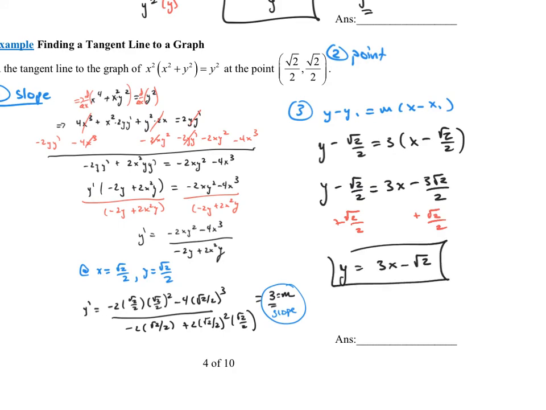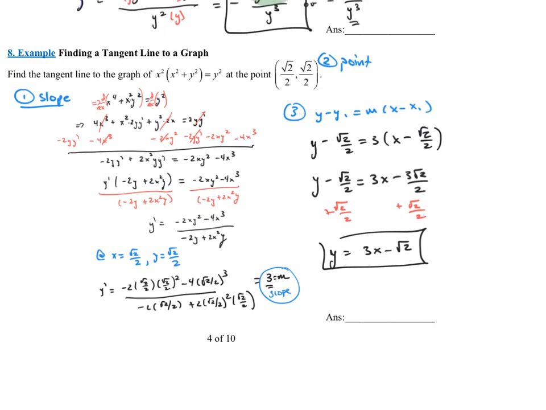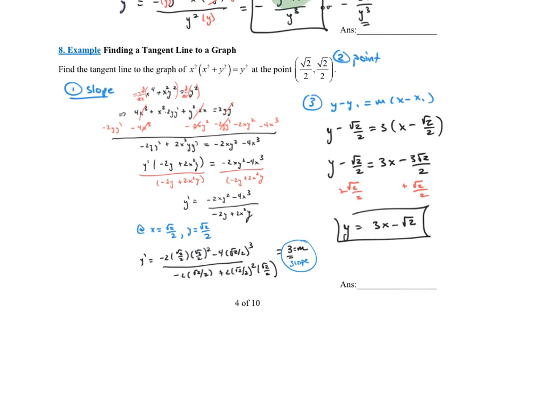So there's my final answer there. y equals 3x minus the square root of 2 would be the equation of the tangent line of that graph, the graph of that equation, at that given point. An absolute mess, but that's what it is.